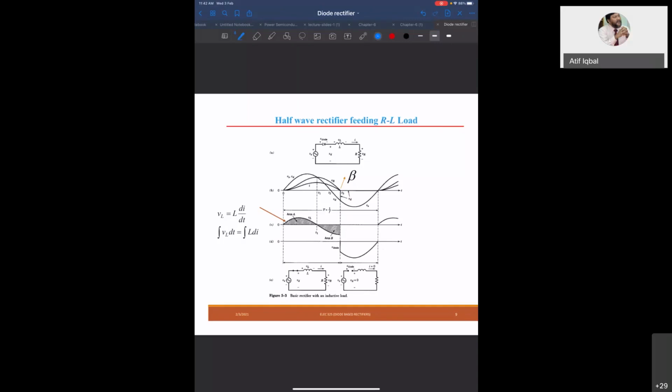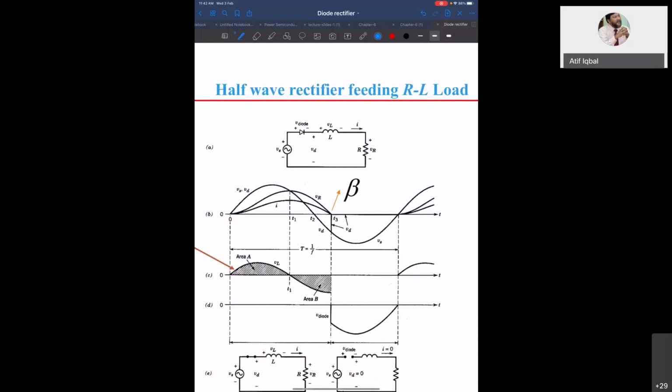And you see, inductance is an energy storing element.